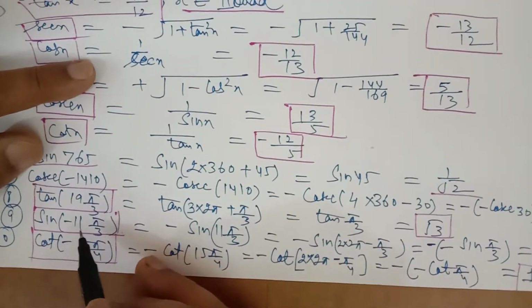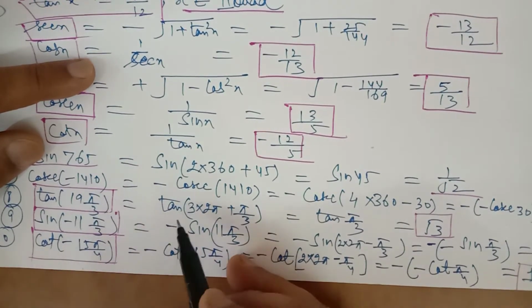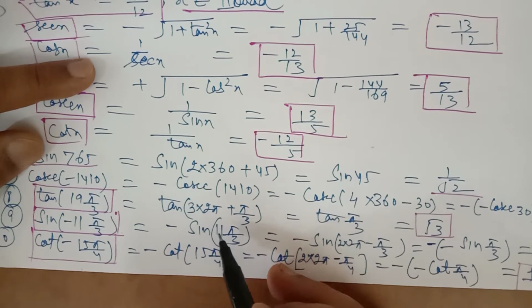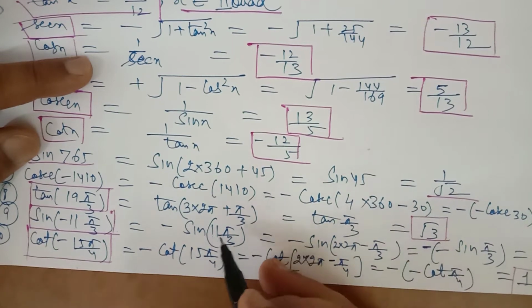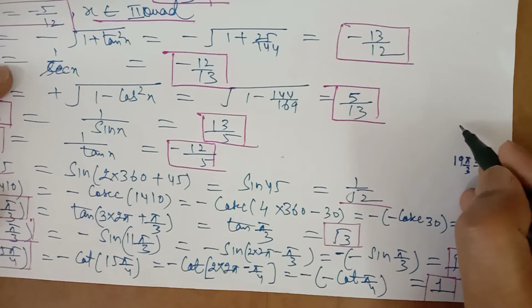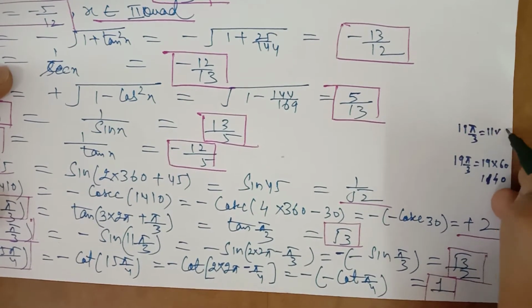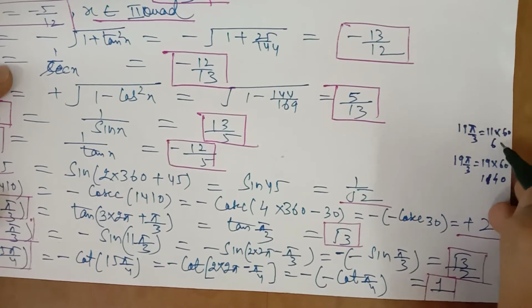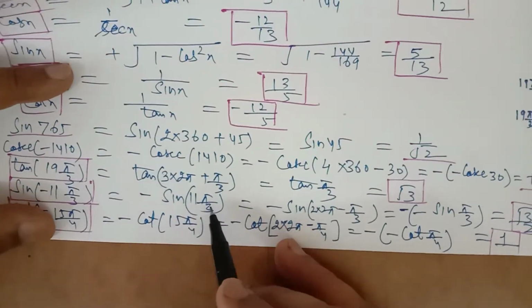Similarly, sine of minus 11 pi by 3. For sine 11 pi by 3, a negative angle means the fourth quadrant. In the fourth quadrant, sine is negative. For 11 pi by 3, you can do it in the rough: 11 into 60 will be equal to 660 degrees.